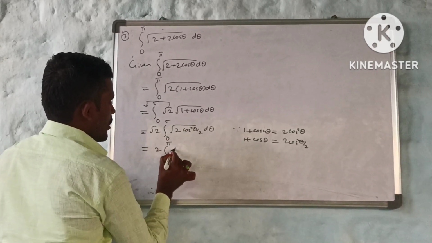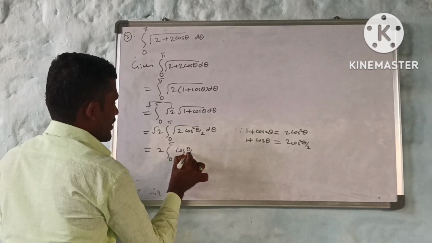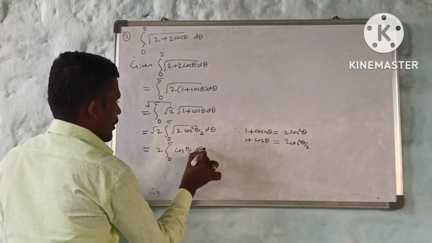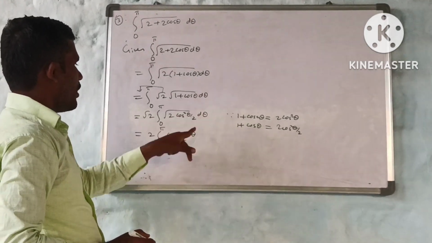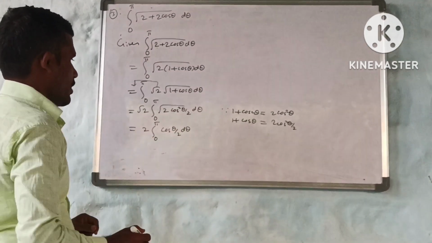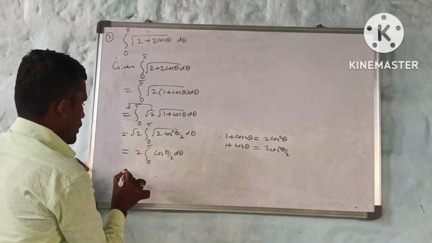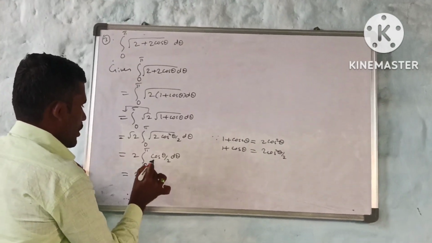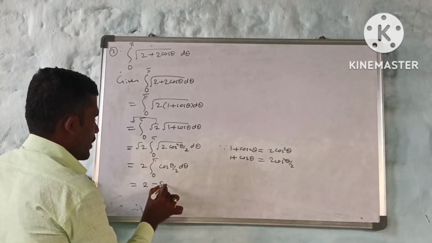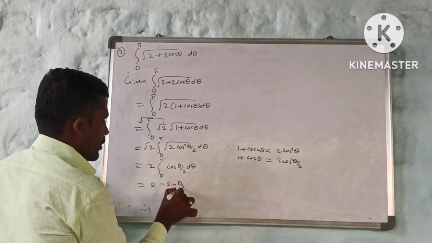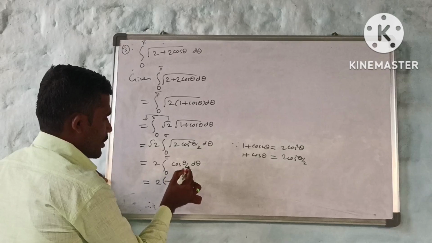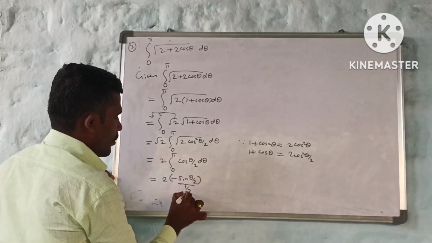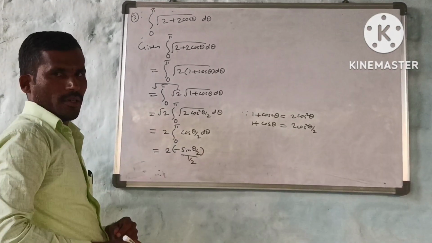The square root also cancels. The remaining is the integration of cos theta by 2. The integration of cos theta by 2 is sin theta by 2, and for theta by 2, the coefficient is 1 by 2, which goes to the denominator.